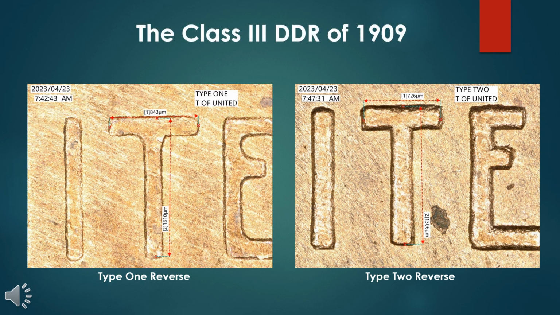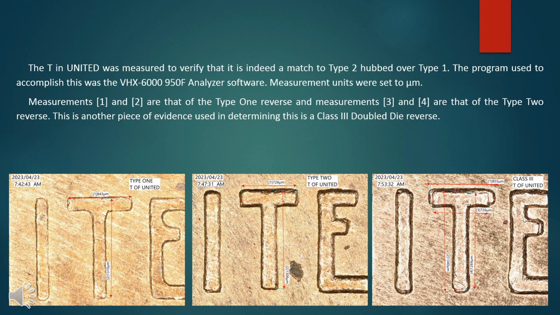Utilizing the scans, measurements of the T in United were made to verify a Class 3 was present. All measurements were done in nanometers. The T in United was measured to verify that it is indeed a match to Type 2 hubbed over a Type 1.